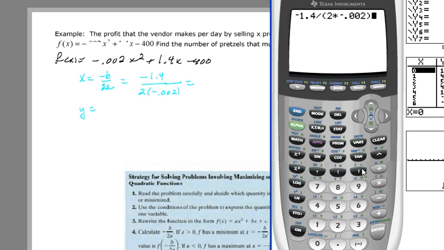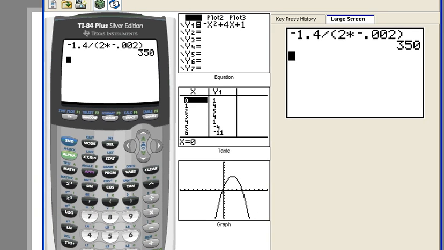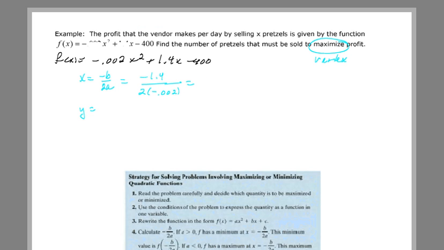So negative 1.4 divided by 2 times negative 0.002 will give me a value of 350. So the x-coordinate for my vertex is 350.